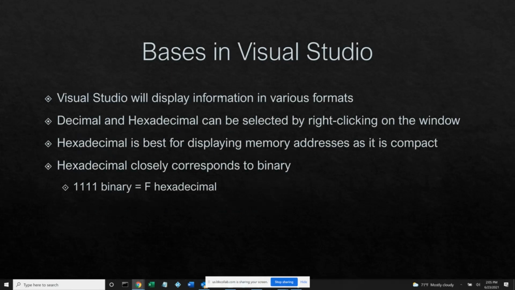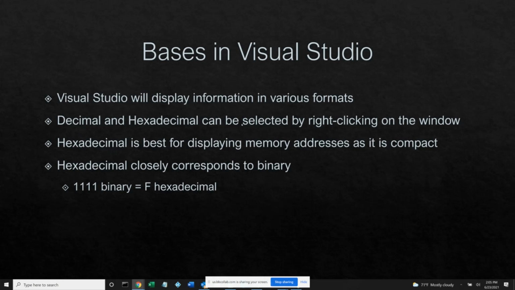Now, if you're working in Visual Studio to display information, it might not be terribly obvious, but Visual Studio will generally have some sort of default format, which I believe is generally a decimal format, base 10.